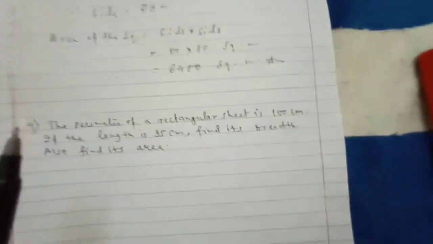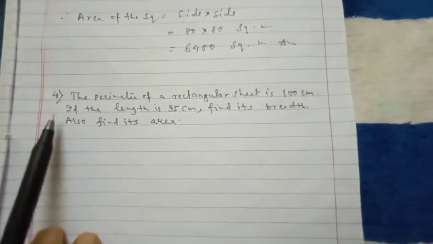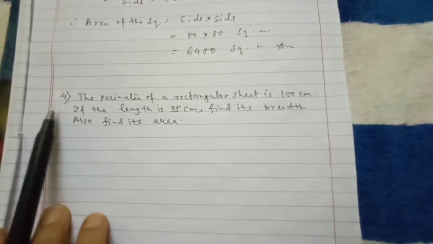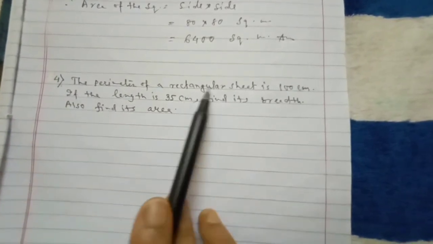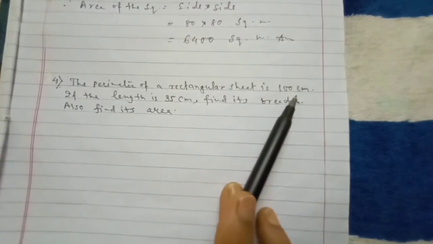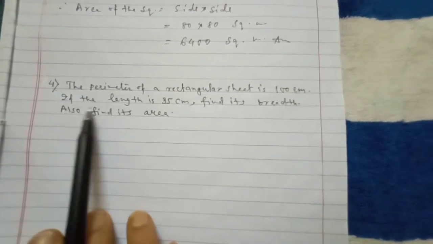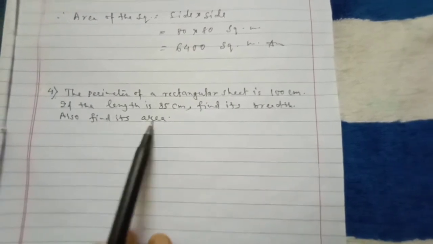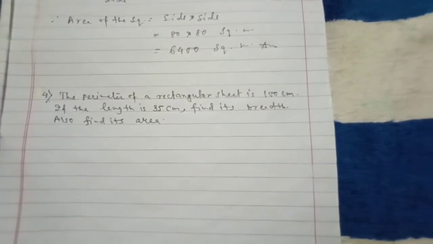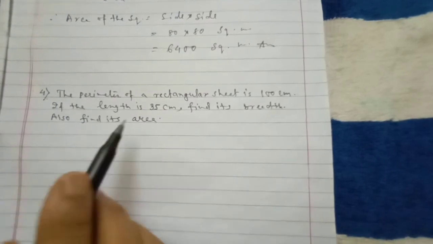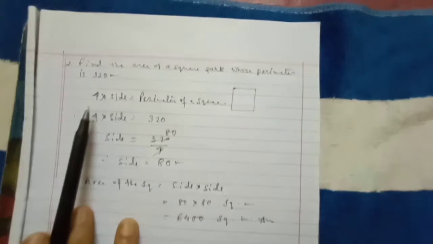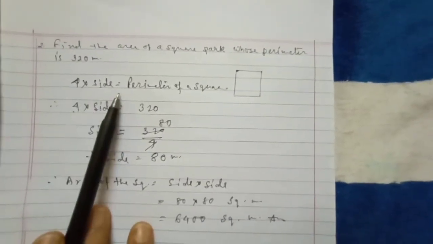Now questions number 3 and 4 are similar, so I am doing question number 4 only. The perimeter of a rectangular sheet is 100 centimeter. If the length is 35 centimeter, find its breadth and also find its area. When the perimeter of a square sheet was given, you know the formula is 4 into side equal to perimeter.